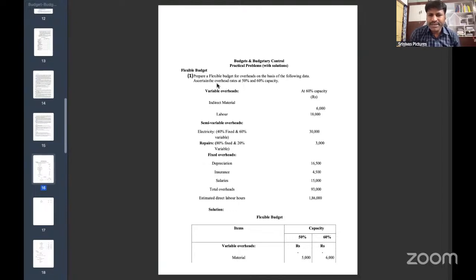Prepare the flexible budget for overhead on the basis of the following data. Ascertain the overhead rates at 50% and 60% of capacity. Actually, they have already given 60% capacity and are asking us to calculate 50%. Variable overheads, semi-variable overheads, and fixed overheads are also given.